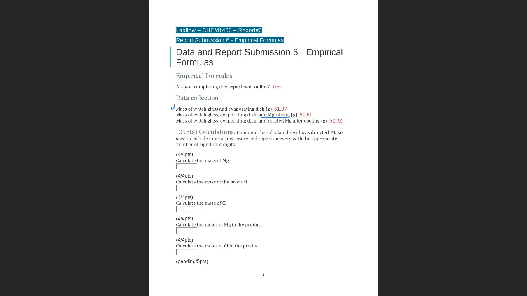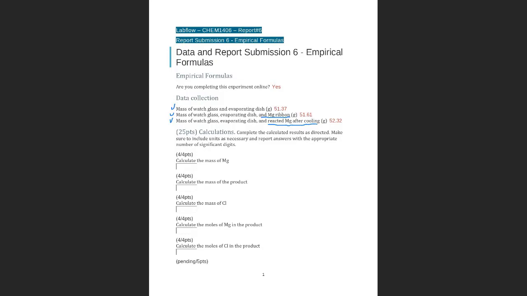And then, because you are not doing this experiment, they will give you the mass of the watch glass, the evaporating dish, and reacted magnesium after cooling. So basically the mass of the product plus the mass of the watch glass plus the mass of the evaporating dish. So see, there are not many calculations that you need to do. So let's look at the first one.